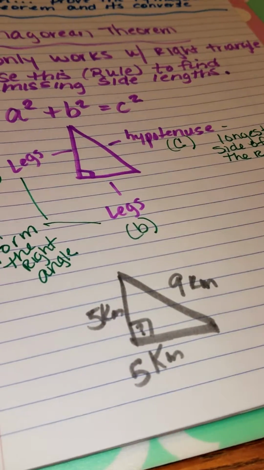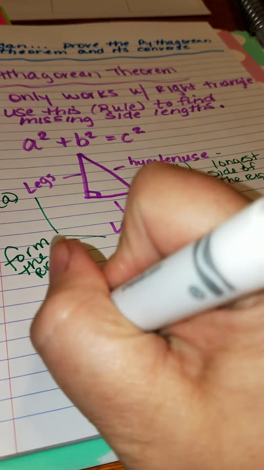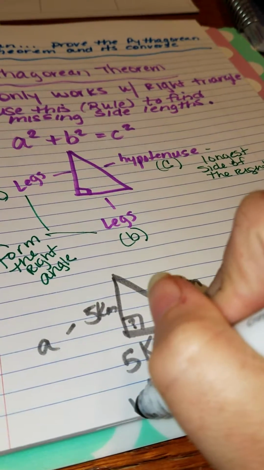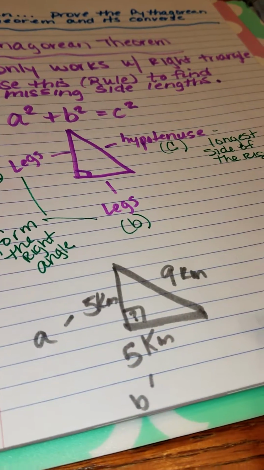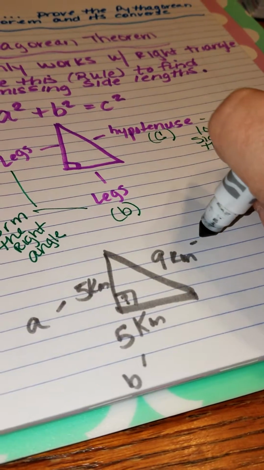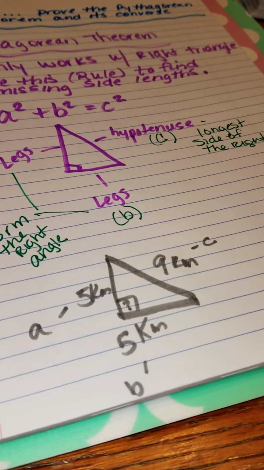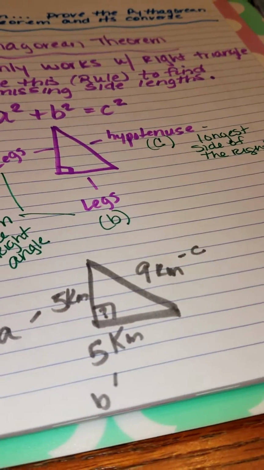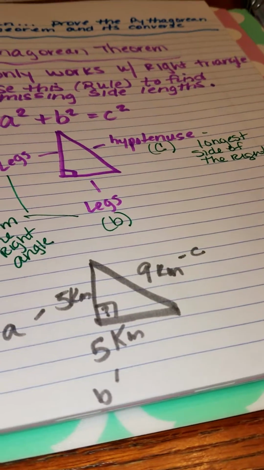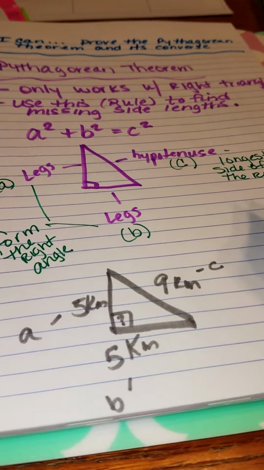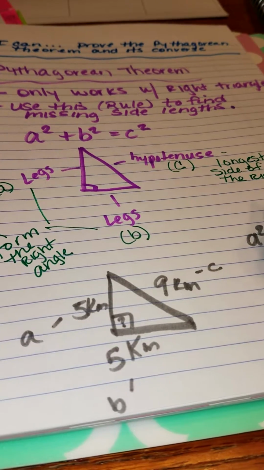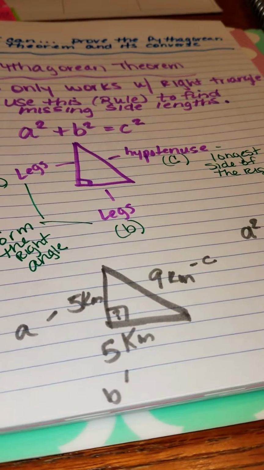So if it is, then when I take my A and square it and add my B and square it, it should equal my C squared. So this is what's called the converse, or proving the Pythagorean theorem. So we start always with A squared plus B squared equals C squared.